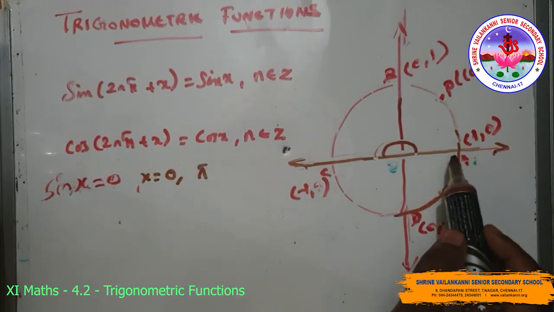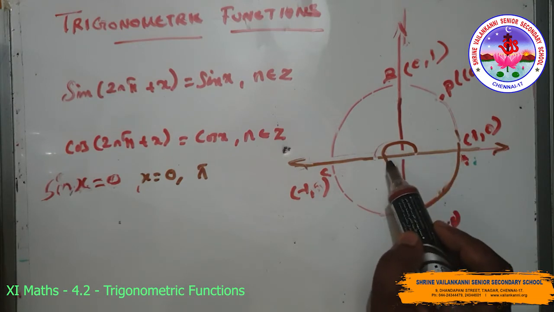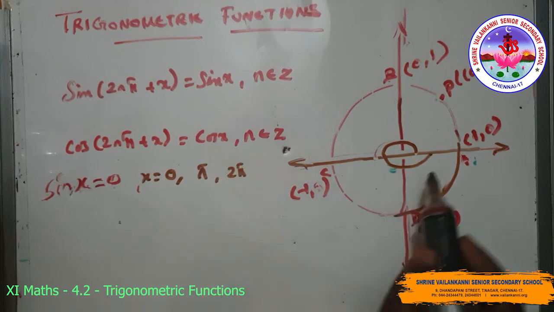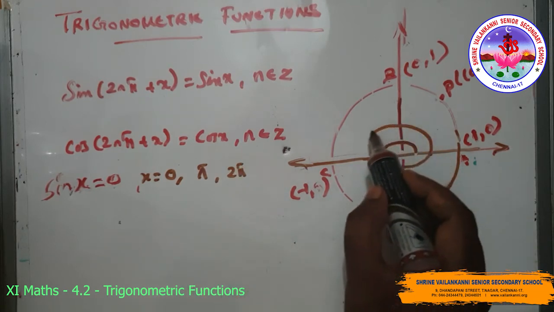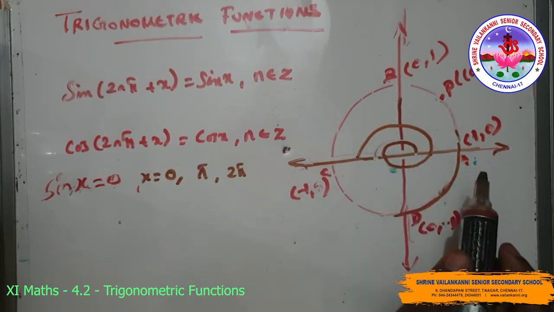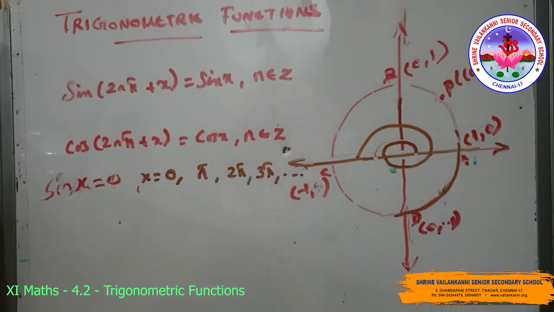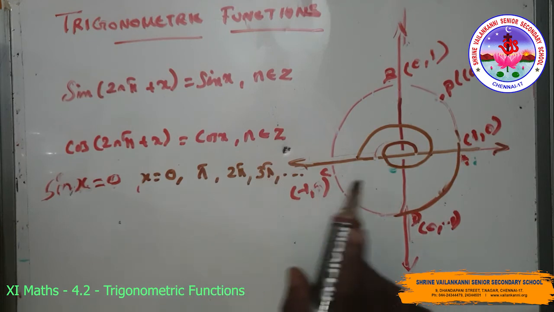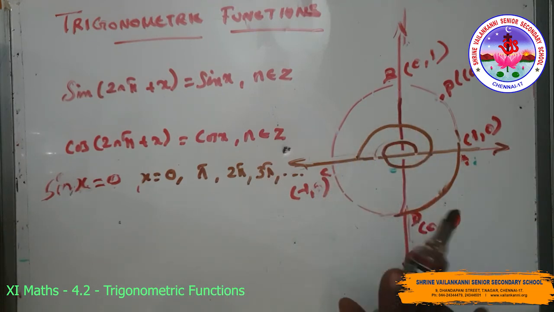Again sin x is 0 when x is 2 pi. Again sin x is 0 when it is 3 pi, and it goes on.